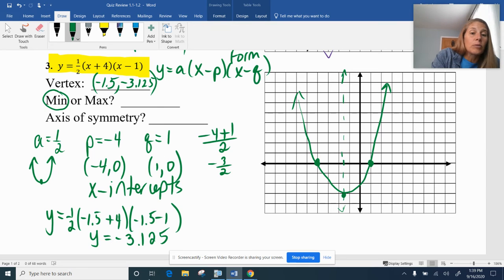Now the axis of symmetry is just x equals whatever that x value was in the vertex, which in this case was negative 1.5. And if you wanted to do some more points using your graphing pattern or graphing calculator, you could. So if I were to do the graphing pattern here, it would have been 1/2 times 1, 3, 5.